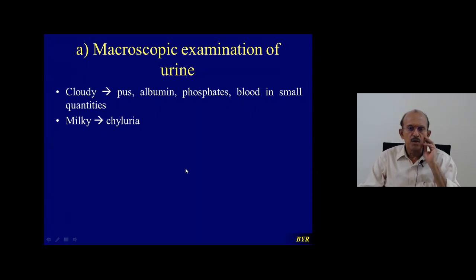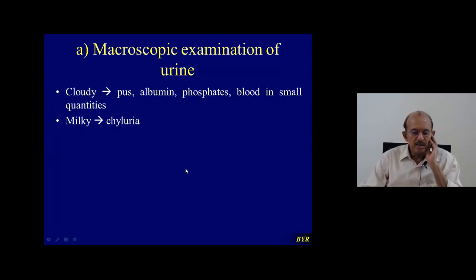If urine looks milky, then it's called chyluria. Did you ever see chyluria? Hesitancy and incontinence, there are many types. So when we discuss incontinence, you will understand that.